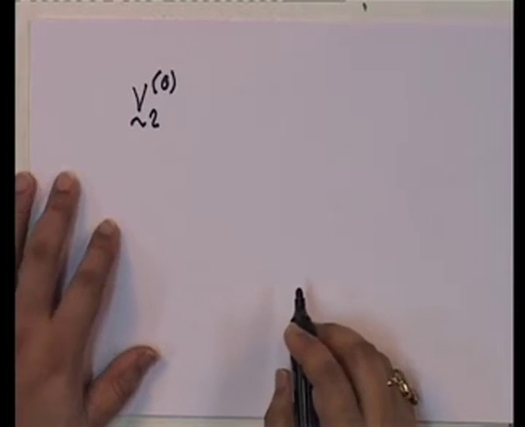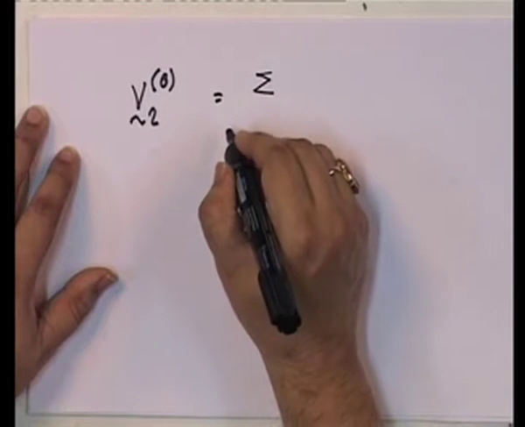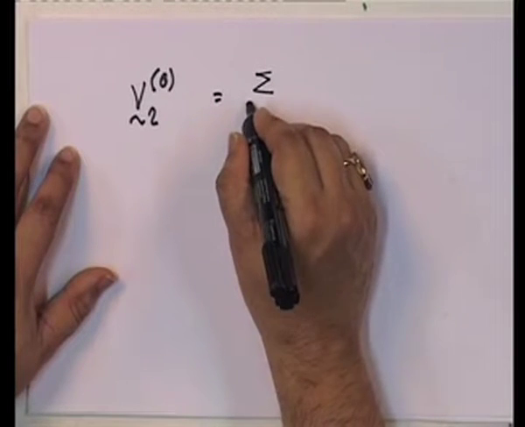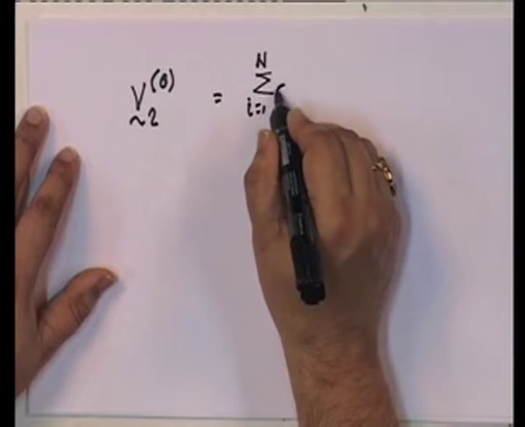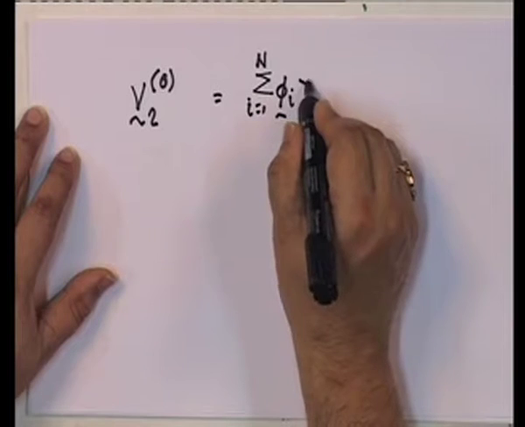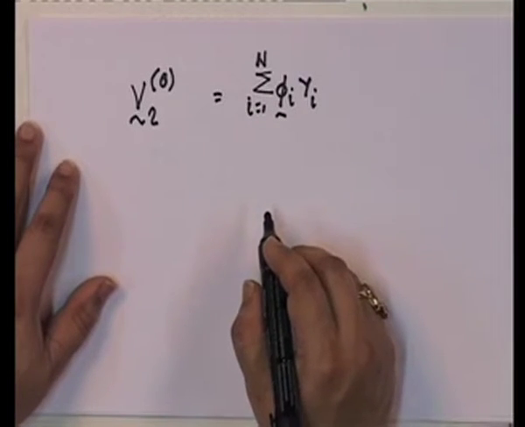Okay? And now what I am going to do is I am going to find out, okay, I am going to do the following. I am going to ensure that this is equal to summation i going from 1 to n phi i y i. Okay?